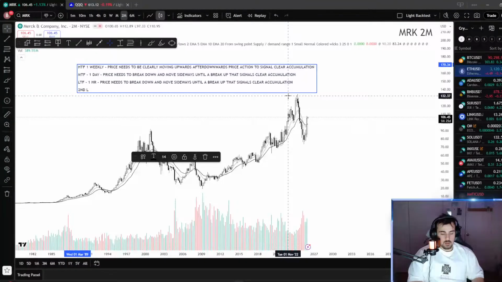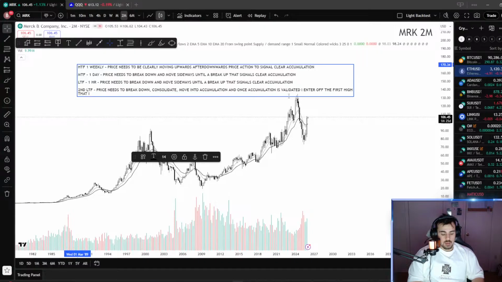Now on my second lower time frame, price needs to break down, consolidate, move into accumulation, and once accumulation is validated, I enter off the first high that is created and put my stop loss below all action.